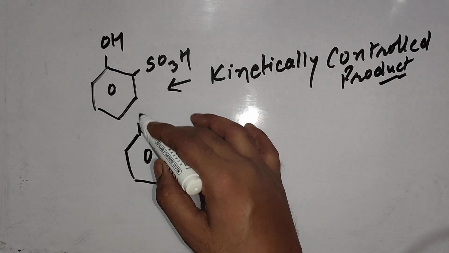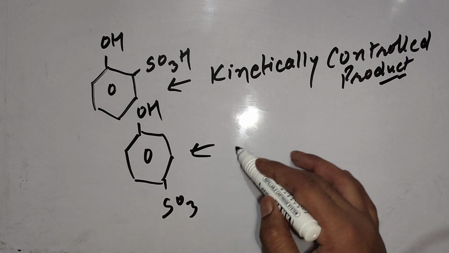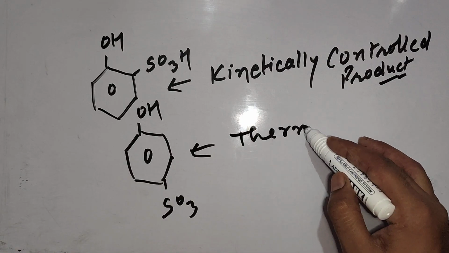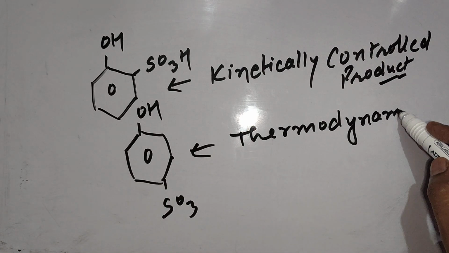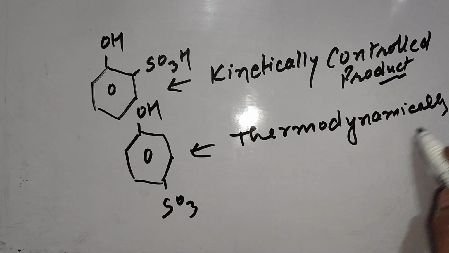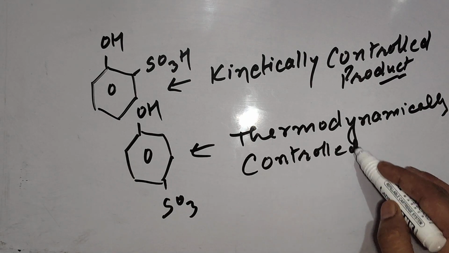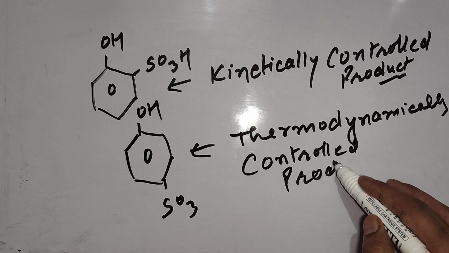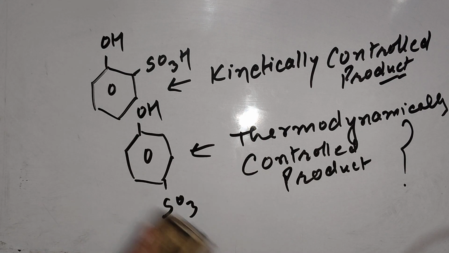And the para substituted product, the book is saying it is a thermodynamically controlled product. Why? Let's try to find out the answer. For this, first you need the meaning of kinetically controlled and thermodynamically controlled. Please read it.